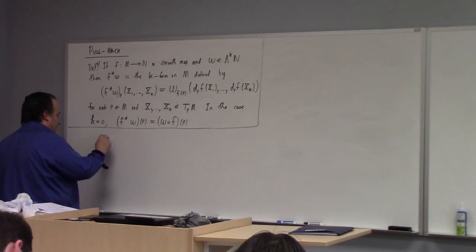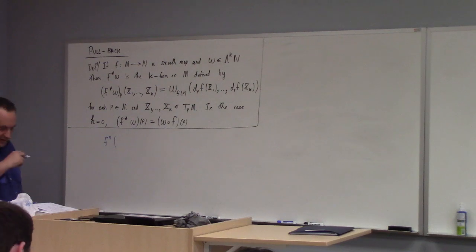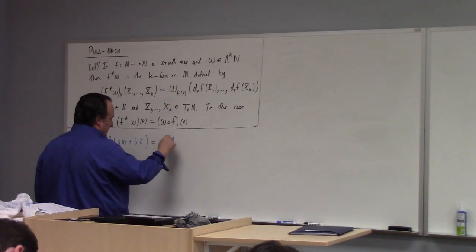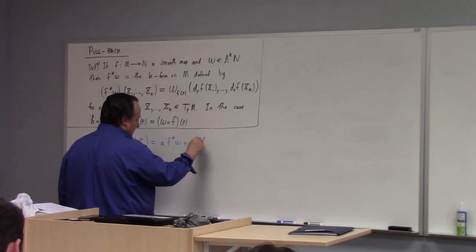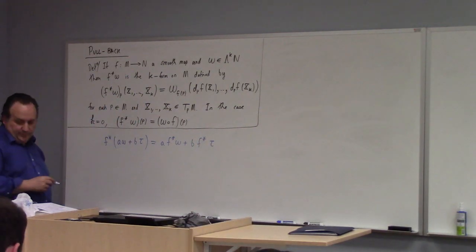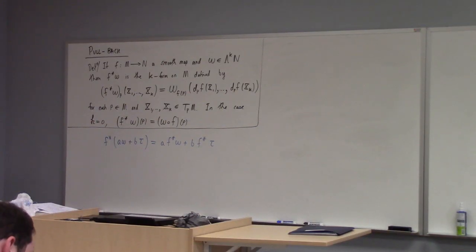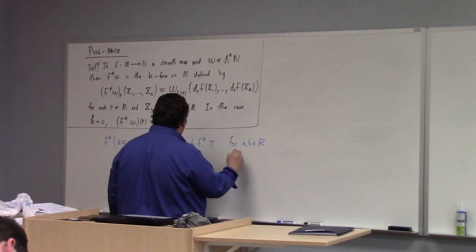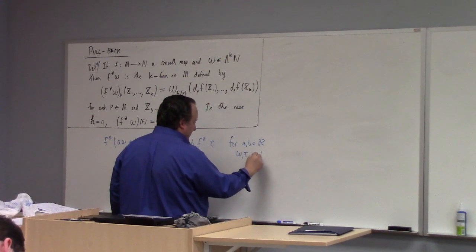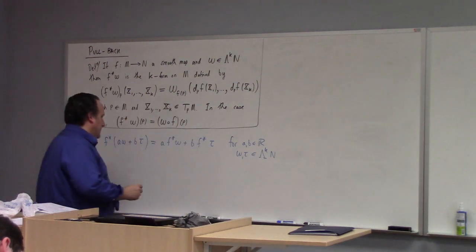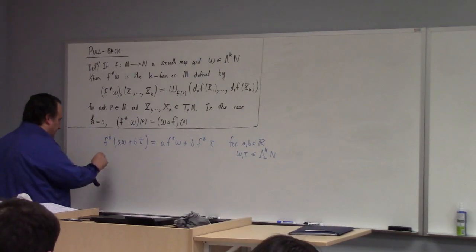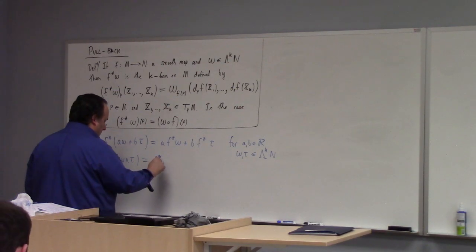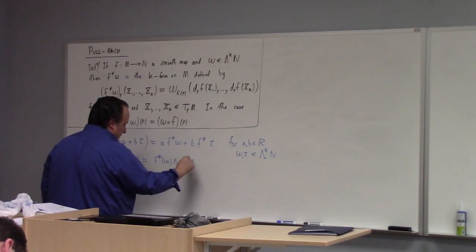We have the pullback under F of A omega plus B tau is A times the pullback of omega plus B times the pullback of tau, for A and B real numbers, and omega and tau K-forms on N. We also have the property that the pullback of omega wedge tau is the pullback of omega wedged with the pullback of tau.